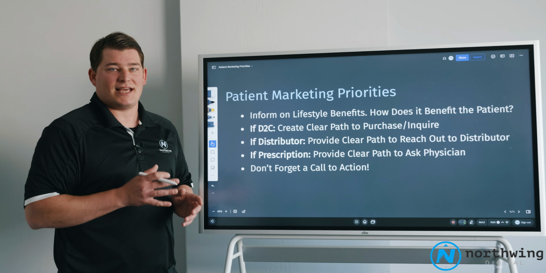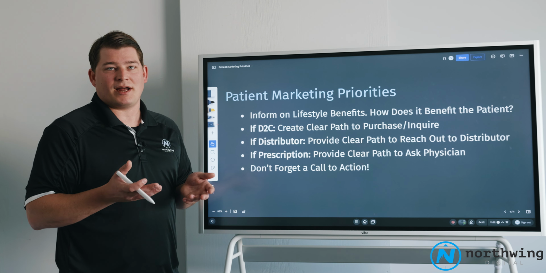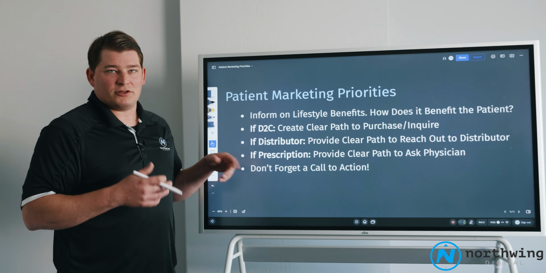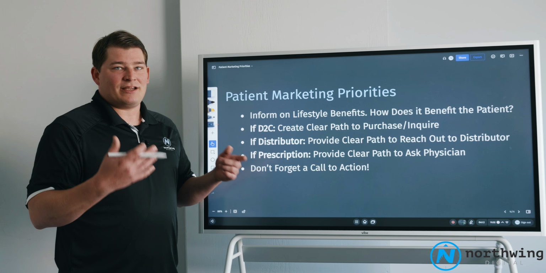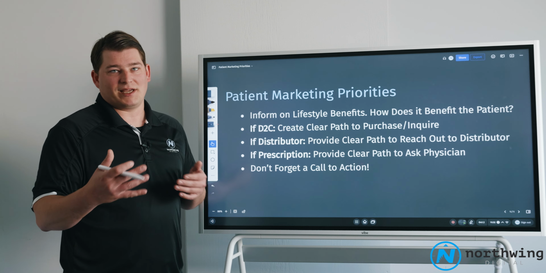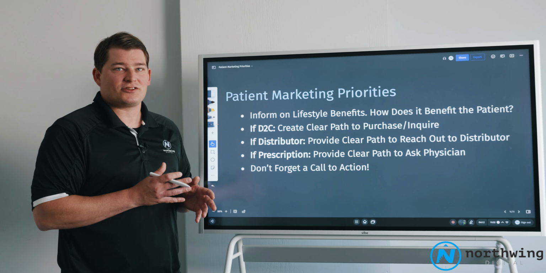Generally, if you sell directly to patients or consumers, on these pages you need to create a clear path to either purchase, if you're able to do that, or inquire about the product or solution specifically. If you're a distributor model, if you sell through distributors, it's equally important to provide a clear path for patients to reach out to or get in contact with those distributors if they connect with the message you're illustrating.